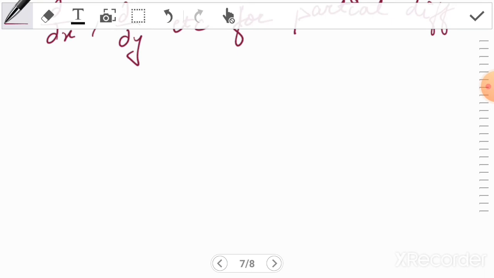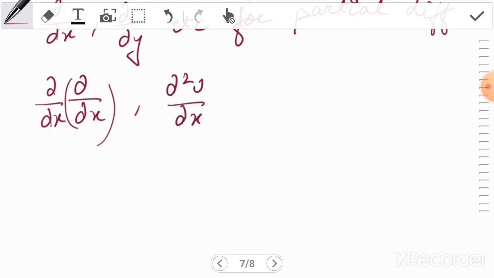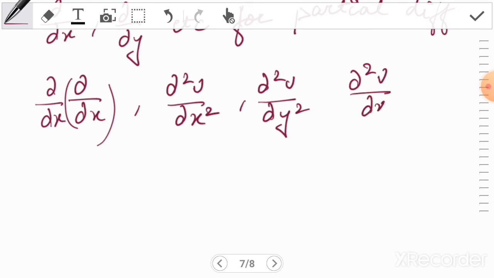And the second order partial derivative is del by del x of del u by del x, which can be denoted as del square u by del x square. Similarly del square u by del y square, and del square u by del x del y.